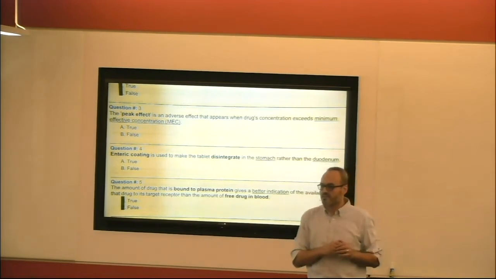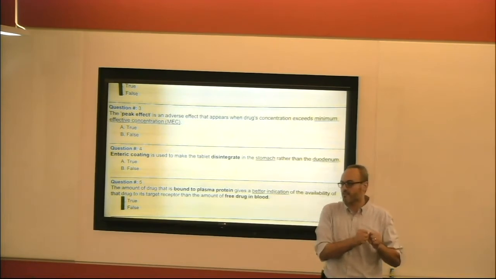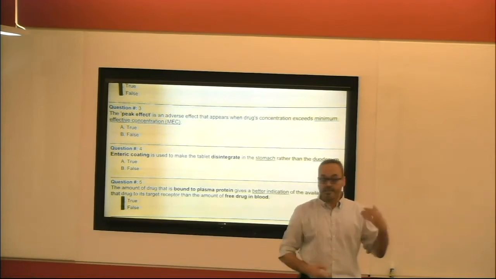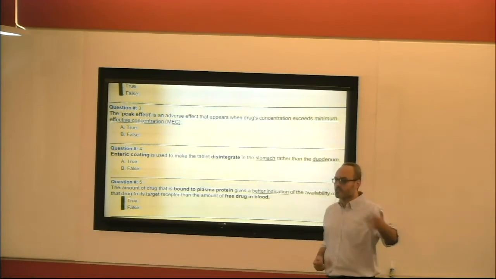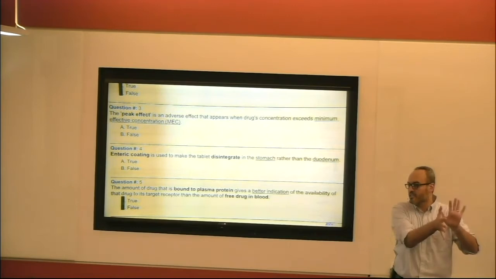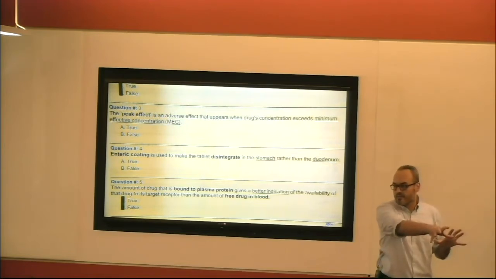Others are more controlled, so they release a small amount, stop, release a small amount and stop. So they are not really the same. But I classify them in one category, extended release, sustained release, because they basically mean that the drug is released over a long period of time.